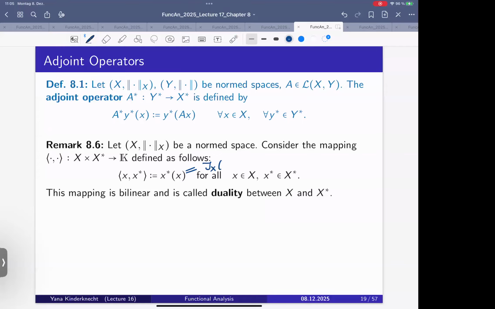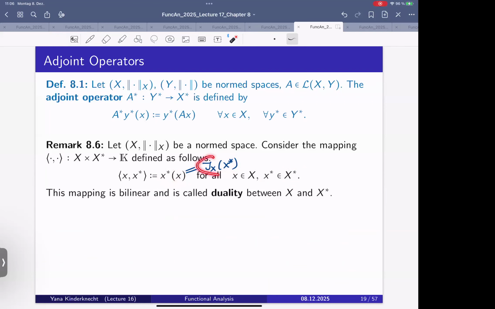This is gx at x star, where gx is the linear functional on x star, which is just the point evaluation. So we take this linear functional as an element, and so application of this continuous linear function at this element is just the point evaluation at the point x.